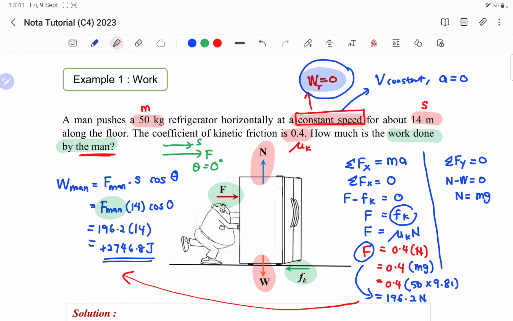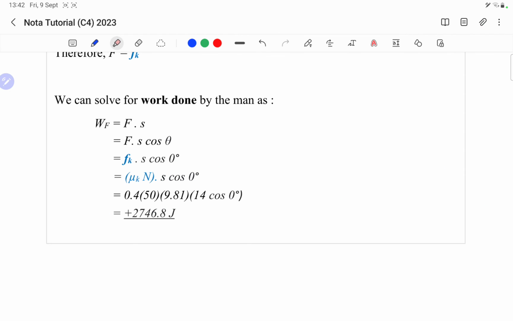I put the positive sign here because the man is doing positive work. So I repeat, the magnitude of force equals the kinetic friction, the formula for kinetic friction is mu K N, N equals mg, and then we get positive.